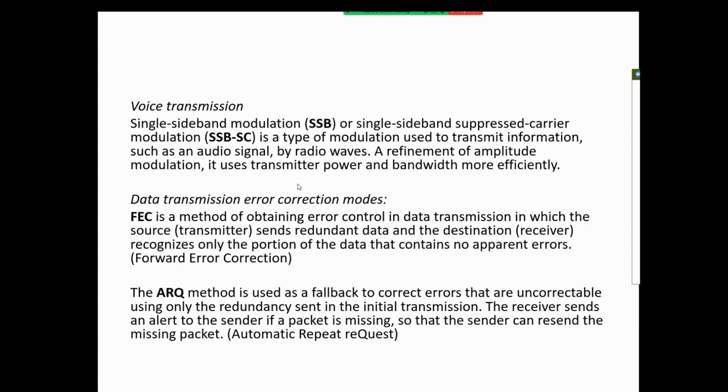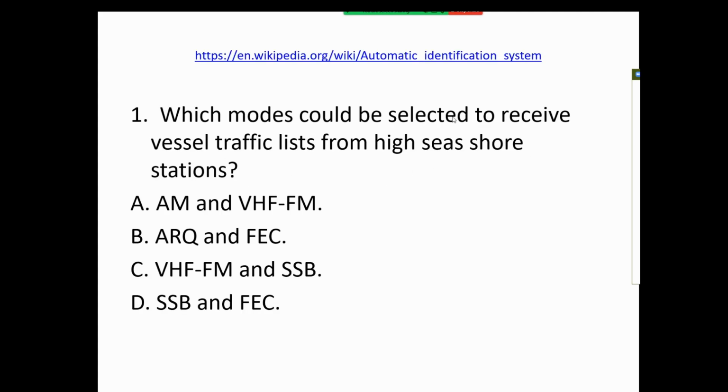So the next question does toss some of these together with some other ones. Here's the question: which modes could be selected to receive vessel traffic lists from high sea shore stations? Now, we saw vessel lists before. We saw that the coast station doesn't necessarily call you up personally.